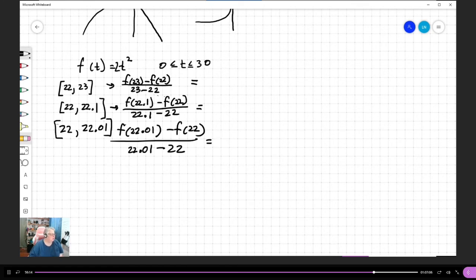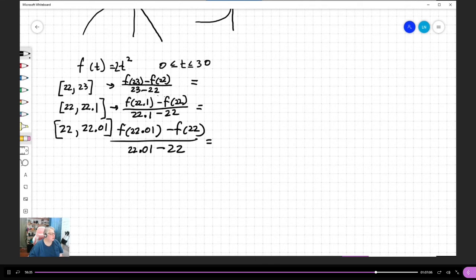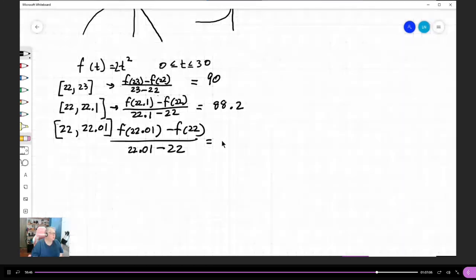If we drop each of these into the calculator, the first one ends up being 90. The second one ends up being 88.2.